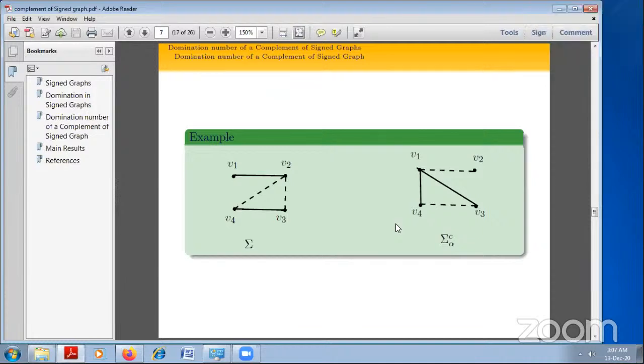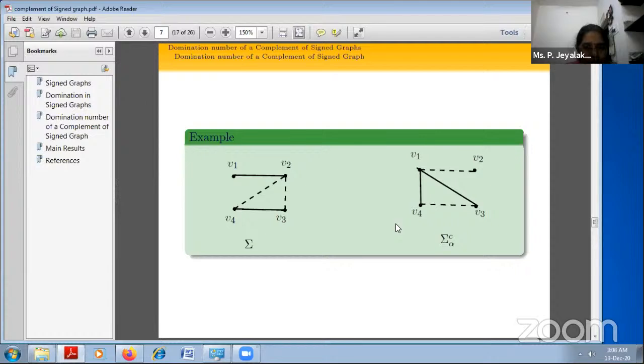Now, under your definition, if I have a signed graph, take the complement, we get another signed graph, and take the complement of that complement. Will you come back to the original signed graph?